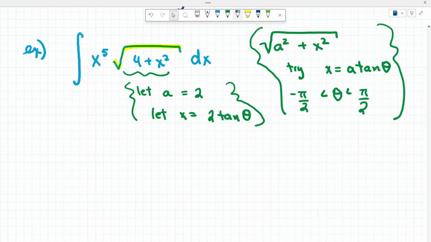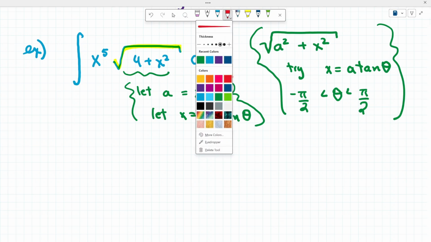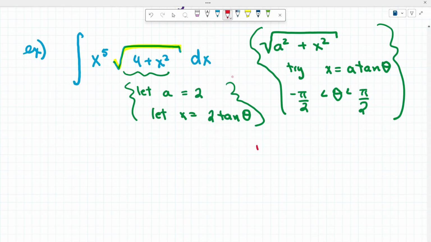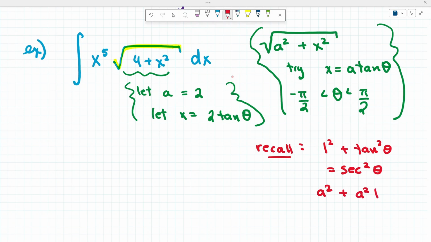The one last thing I want to tell you before we start is to recall some trig identities. Recall over here on the side that 1 plus tan squared theta equals secant squared theta, and writing it generally, a squared plus a squared tan squared theta is equal to a squared secant squared theta.